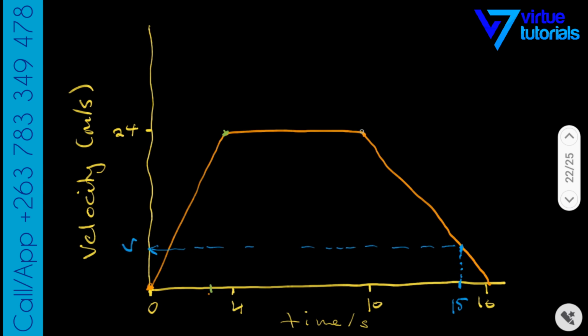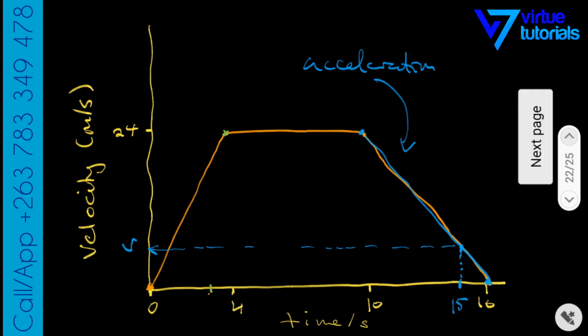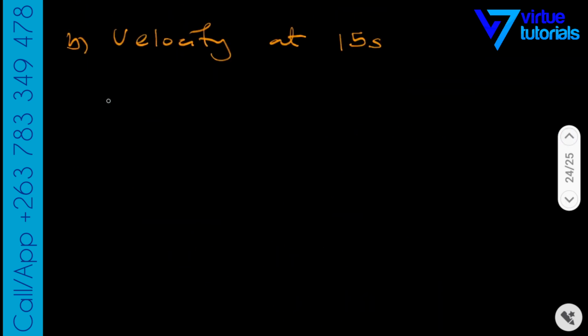Again, you must look at the whole region, where it starts, where it stops, and ask yourself the same question. What is the acceleration of that region? If you calculate the acceleration for that region, it's simple.